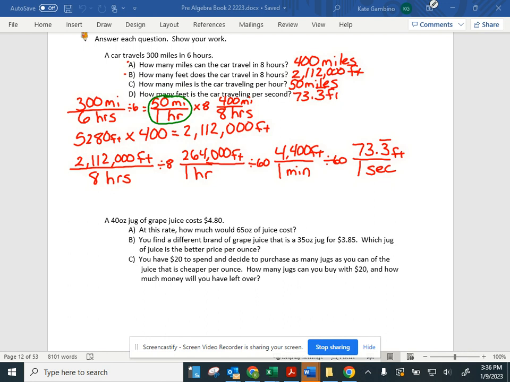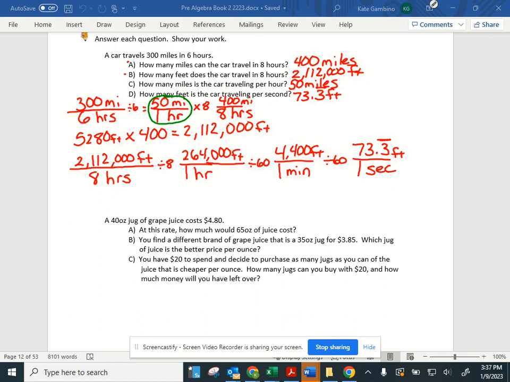So that line that I'm putting above the 3 means that it's a repeating 3. We could just round it and say 73 feet per second. It all depends on what you're rounding to. It's fine to say that it's repeating. We don't have to actually round it if it's a repeating number.